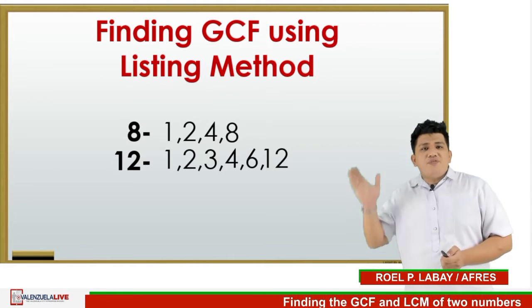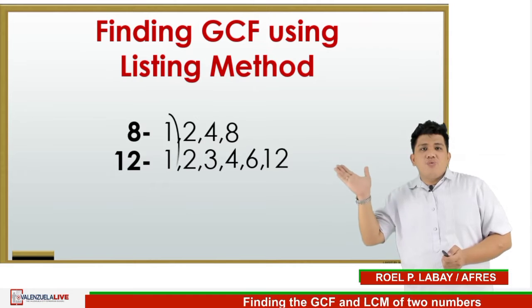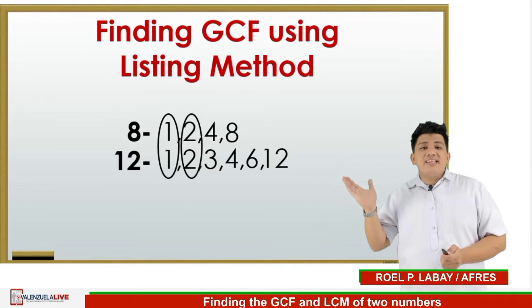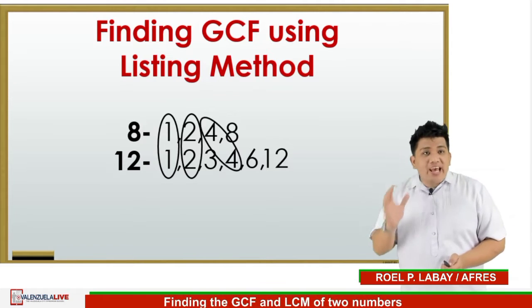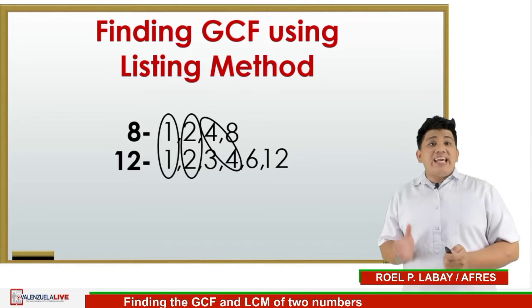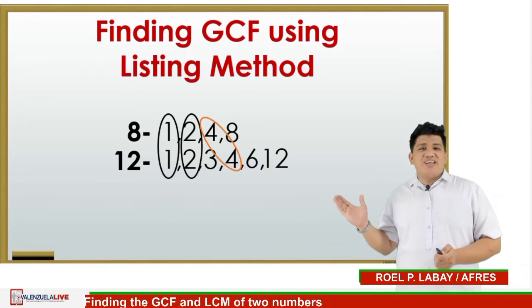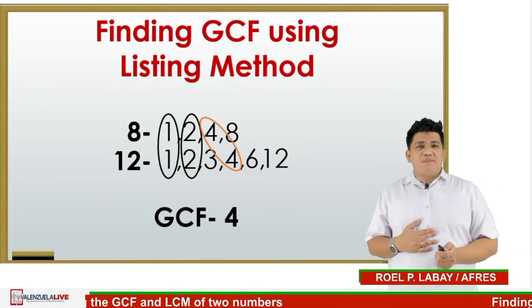The common factors of 8 and 12 are 1, 2, and 4. Therefore, the greatest common factor, or the GCF, of 8 and 12 is 4. Very good. Let's have another example.